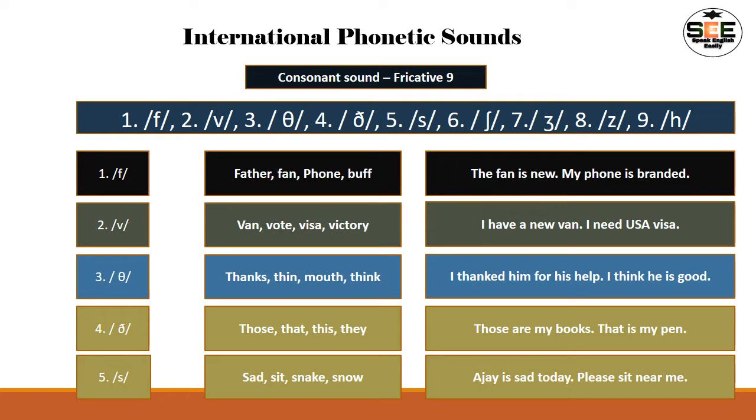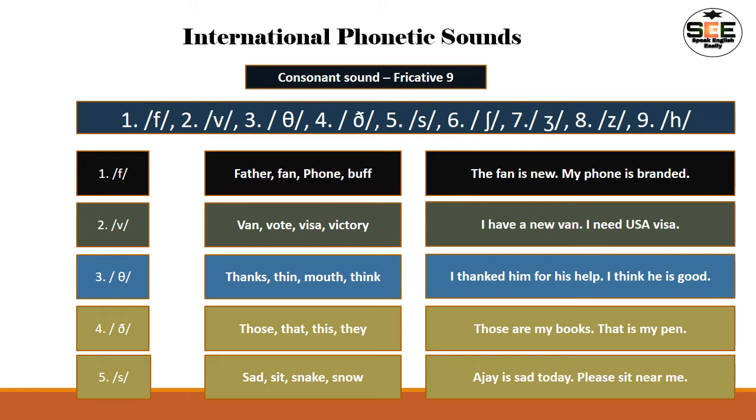Number 3, it is symbolized as theta, with a cut through it, and it produces the th sound. I am repeating this sound again and again so that you can get a clear picture on it. Number 4, it is like the opposite of that, with a cut here, and it produces the th sound.